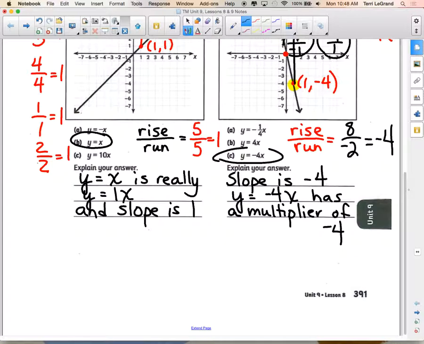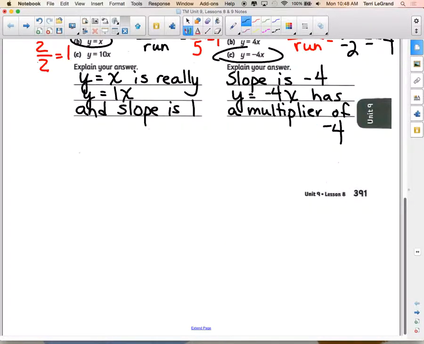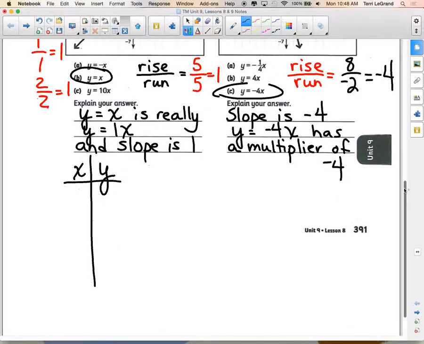Okay. Let's do an XY table below each of these. So we're not moving on to the next page yet here. So for this one, when we said that the equation that matches that is y equals x, that says to do what?